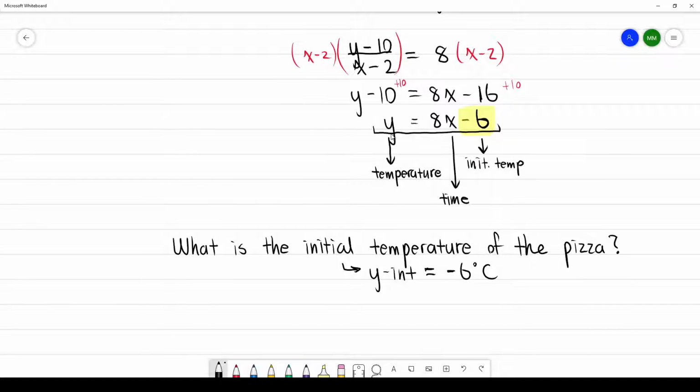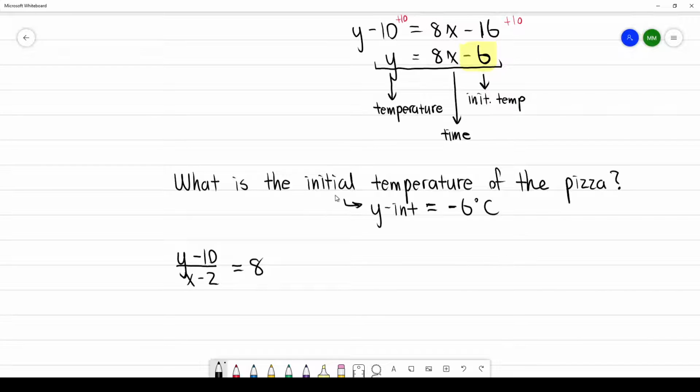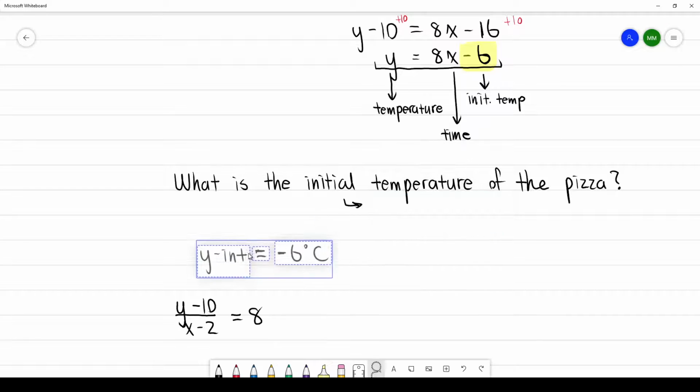So let's say you don't get to this part, you just left it in the point slope form. That is totally fine as well. So let's say you left the equation as this. So you didn't simplify it. So the initial temperature is when, so actually let me move this down and then move this over here.